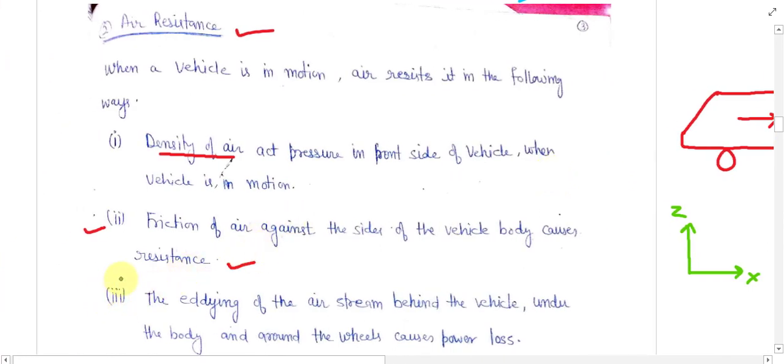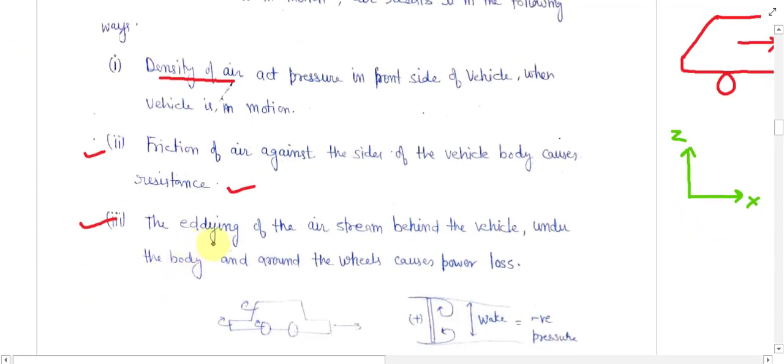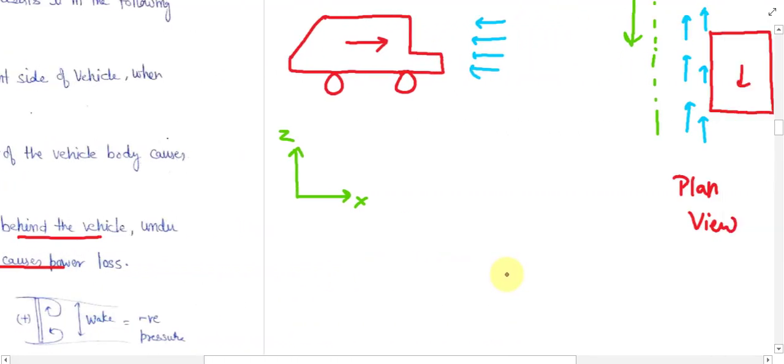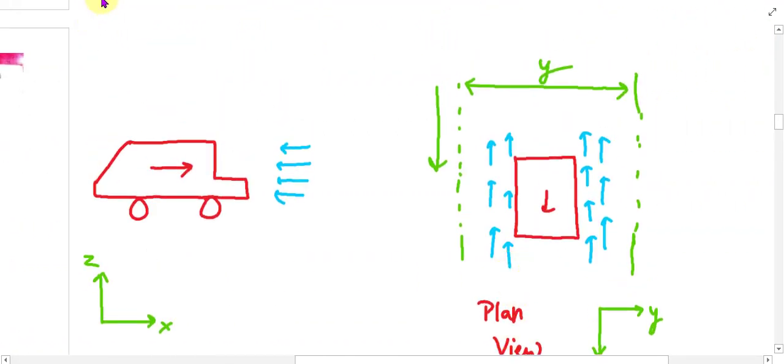The third point says that the eddies of the air stream behind the vehicle, under the body, and around the wheel cause power losses. So eddies generate behind the body.